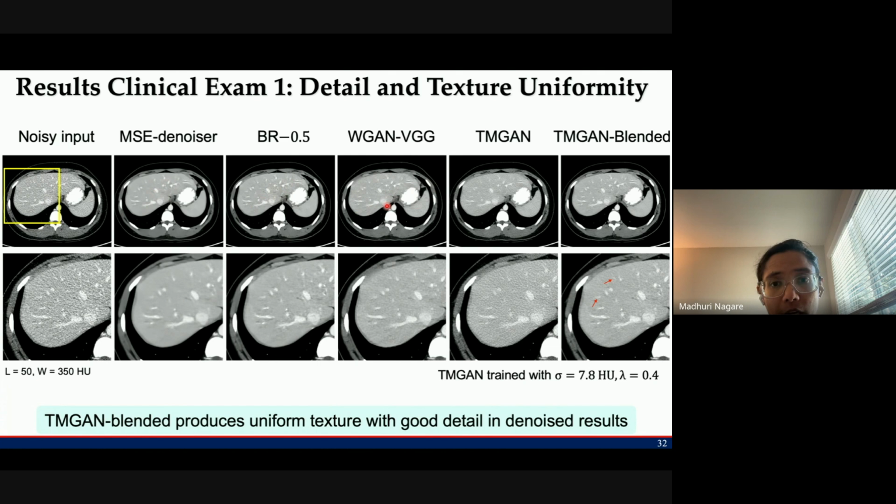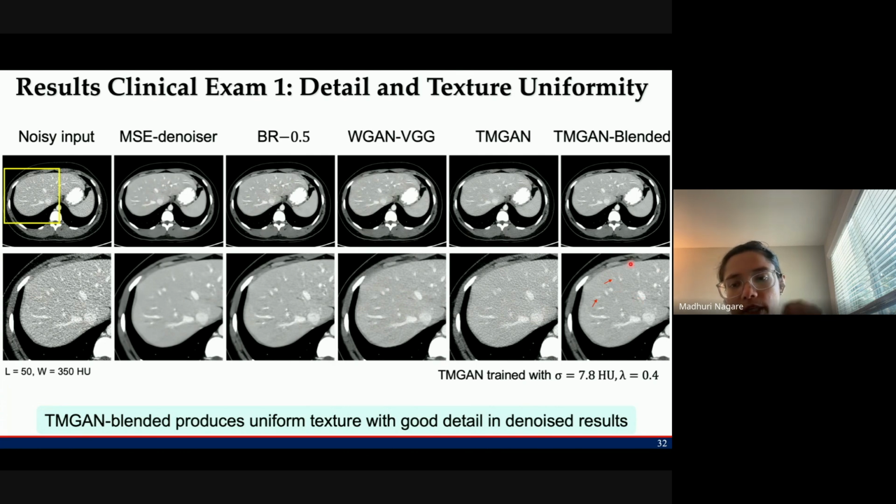It brings back texture and detail, but if you look into the zoom ins, this texture is not exactly uniform or pleasing or similar to the input images. This is TMGAN texture. It looks a lot more like the input texture, but it looks a lot more noisy compared to any of the other images.